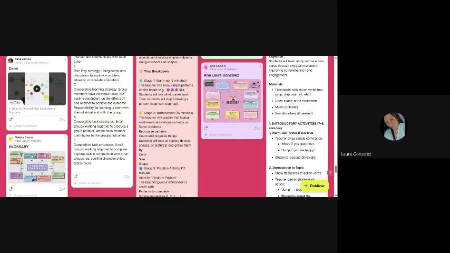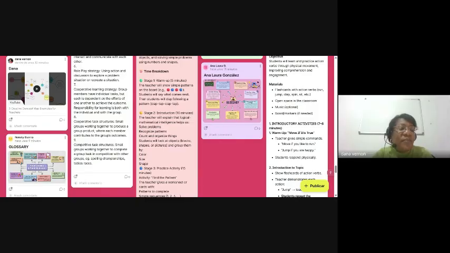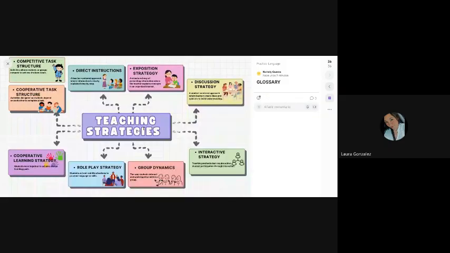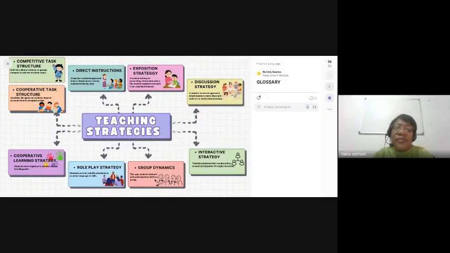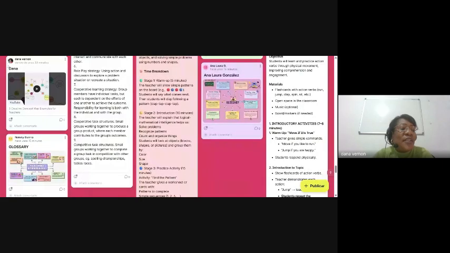I only have to read the meaning and show my glossary, my mental map. Wow. Beautiful. No, this is not yours, this is Noelle's. Let me look for yours.